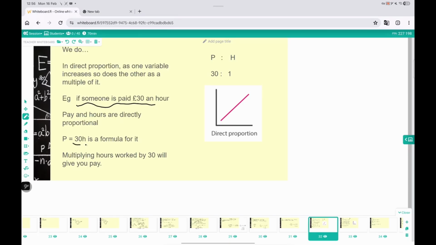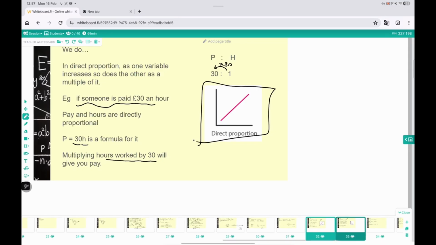If you take 30, times it by the amount of hours, you'll get the pay. Okay, so multiplying hours worked by 30 will give you your pay. We can represent this as a ratio the opposite way around. You take your hours, you times it by 30, you get your pay. Okay? On a graph, it would look like this. Again, it's a nice to know for now. Don't worry about it too much this term.